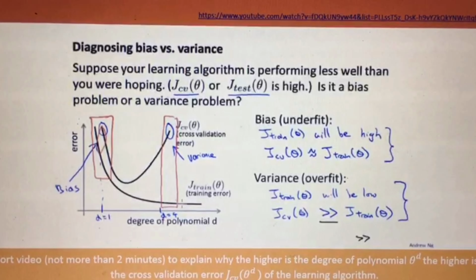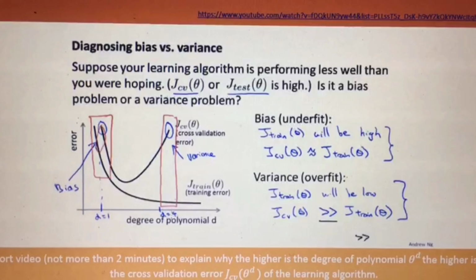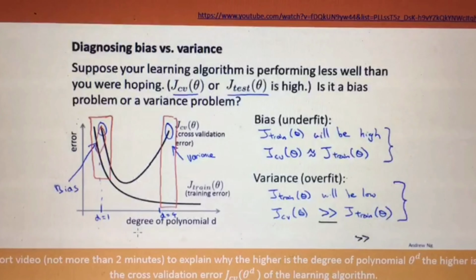First, take a look at the horizontal axis, which plots the degree of polynomial.